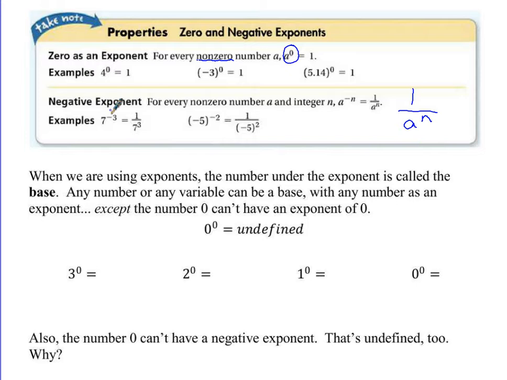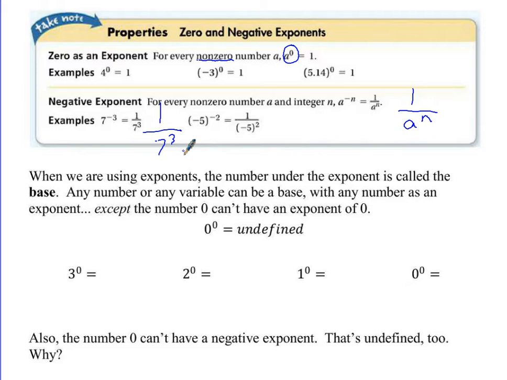So if I have 7 to the negative third power, that does not mean that the 7 is negative. It means that the negative third power tells me to go 1 over 7 to the positive third power. Once I have moved it under that 1, that exponent is now positive. You'll learn why in a little while.